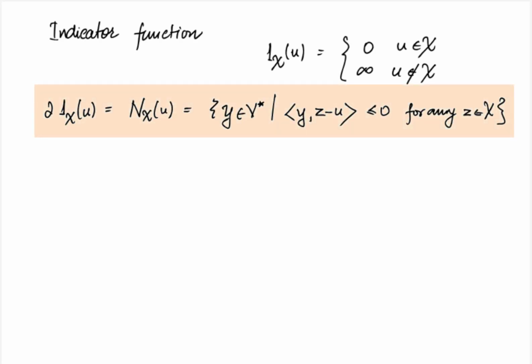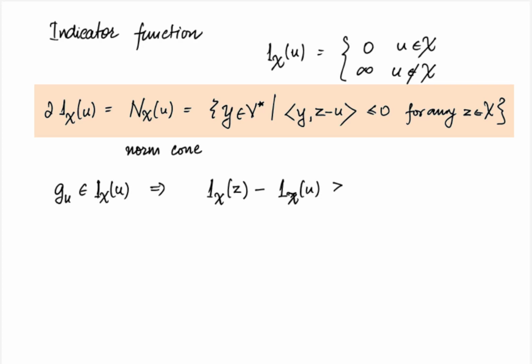So N calligraphic X of u is the norm cone of the set calligraphic X at a point u in calligraphic X. To see this, assume that g_u is one of the subgradients of the indicator function. Then from the definition of the subgradient, we have that the indicator function at z minus the indicator function at u is greater than or equal to the inner product of g_u comma z minus u for all z in calligraphic X. Now since z and u are both in calligraphic X, both the indicator functions are 0 on the left hand side.